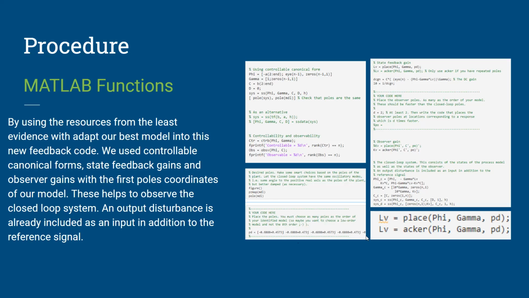This is the part of the code where we put the coordinates of our poles, and also with the Laplace, with this code, we started the procedure to get a graph.